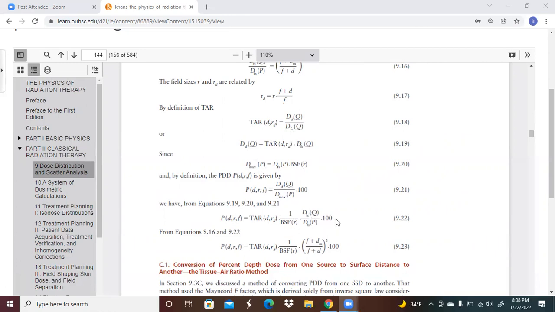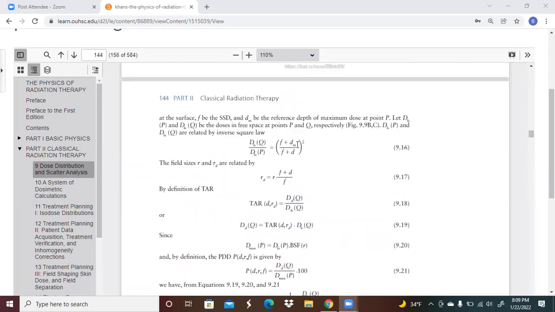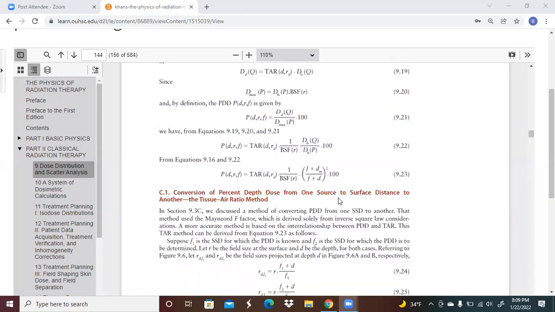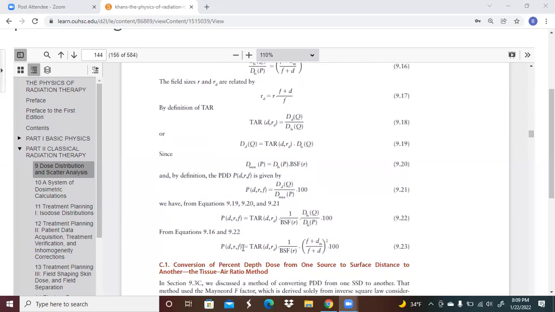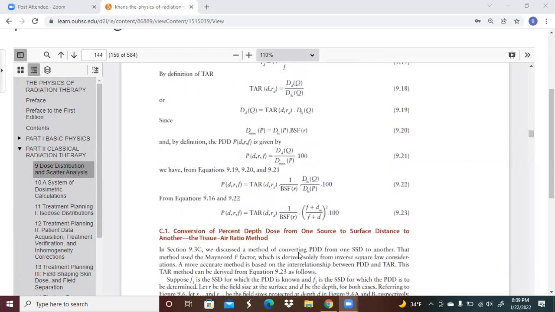And once we get all of those put together, we know that the TAR is involved. We know the backscatter factor is involved. We know that this ratio is involved. Again, that ratio comes from here, and we can substitute that in. So now we have just related the PDD, the TAR, the backscatter factor, and the inverse square law. All of that's related right there. 9.23.